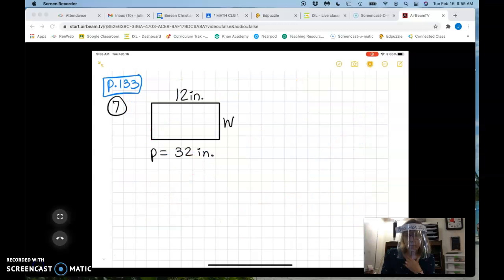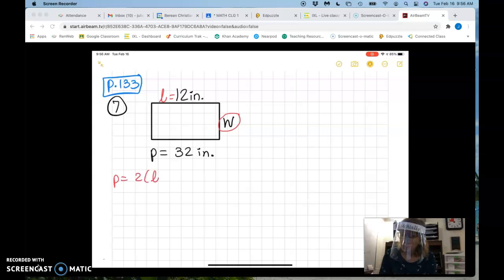I'll be right back. Okay, so for number 7, they give us this rectangle, and I can see the L is 12 inches. I can see a W over here by itself, and then they tell me the perimeter equals 32 inches. So I'm going to use that formula to find the missing piece.